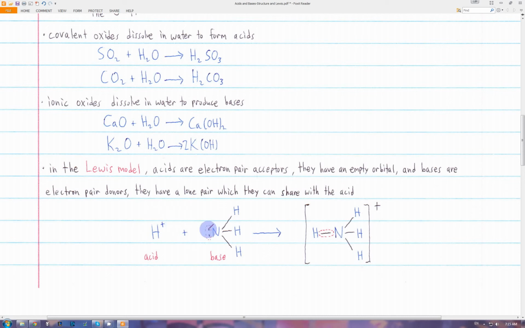And then on the ammonia, we have a lone pair on the nitrogen, so it will act as a base. So the ammonia will basically donate its electron pair to the acid H+. They use the empty orbital on the H+ acid to share the nitrogen's lone pair, forming another N-H bond in ammonium.